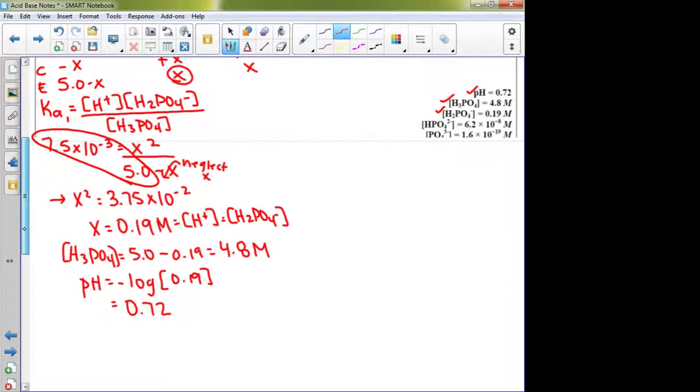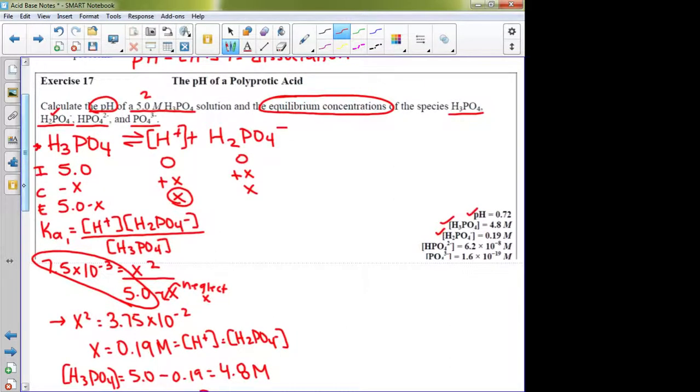All right, so now we found the first three. Now we've just got to find my equilibrium concentrations of HPO4 2 negative and PO4 3 negative, right? I've got to set up another rice table. You're correct. Because now to get HPO4 2 negative, I'm going to have to go through what?